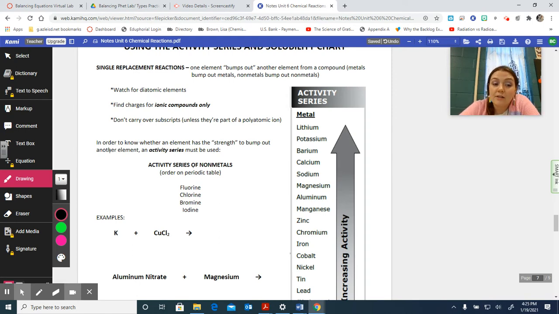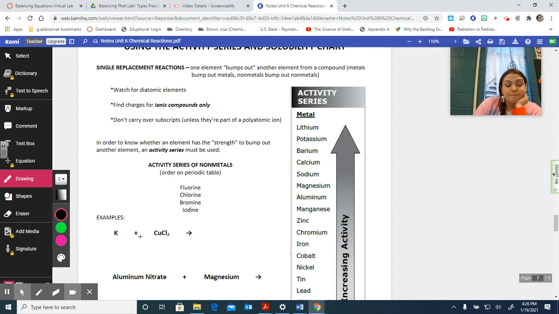What this series does is tell us whether an element has the strength to bump another out. If I put an element in a jar with a compound, do they react? Well, they're only going to react if the single element I put in has the strength to bump out the other element, meaning it has a stronger, almost magnetic pull, where it's going to want to steal it away.